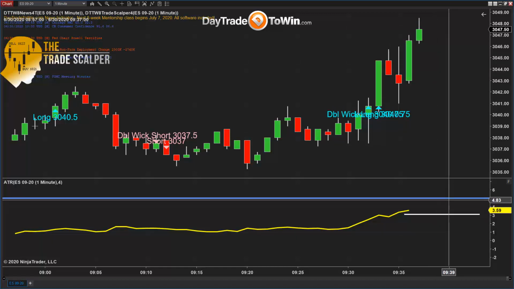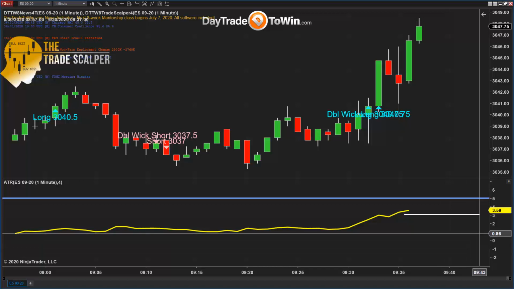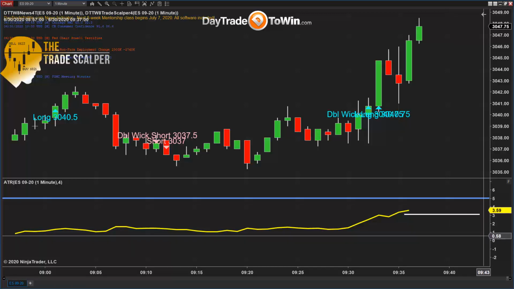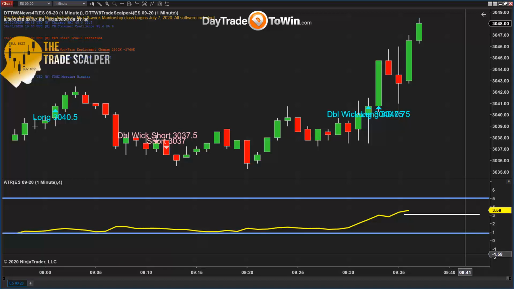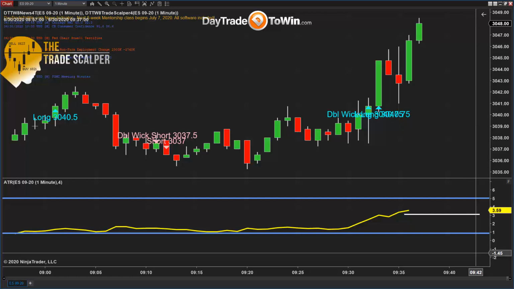There's an extreme here. The same thing is if the market's too slow, typically I like to say about a point, 3 ticks to a point on a 1-minute chart. This would be an extreme to the low side. So if the market drops and becomes so slow, there's a lot of whipsaw, a lot of chop. It's typically not a good idea to be trading under those conditions.